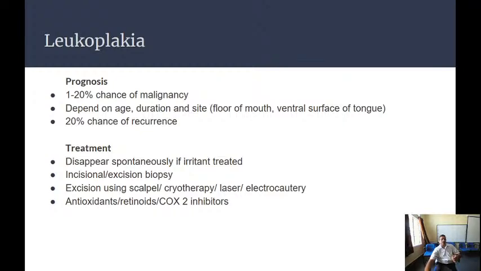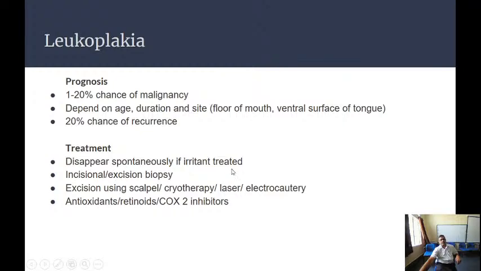Treatment is by stopping whatever is the irritant, and sometimes when there is a tooth which is irritating the lateral margin of the tongue, the tooth is either drilled or taken out so that the irritation is taken away.